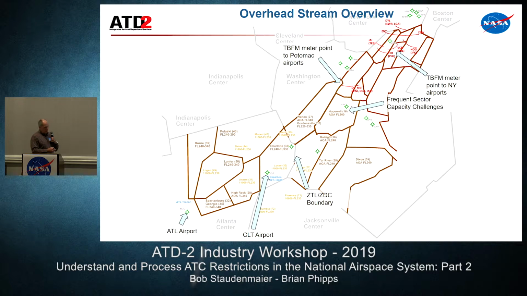So here, just to remind folks from yesterday, Charlotte is underneath Atlanta Center. A lot of the flows are heading up to the northeast. So when Charlotte Tower sends the electronic request, if Washington Center has them in the semi-automatic or automatic mode, I'm going to use LaGuardia as an example again.